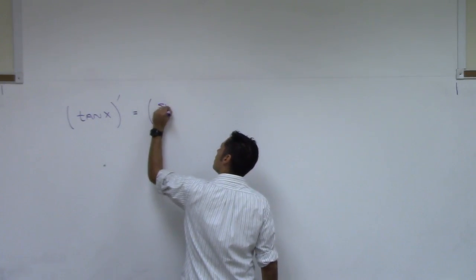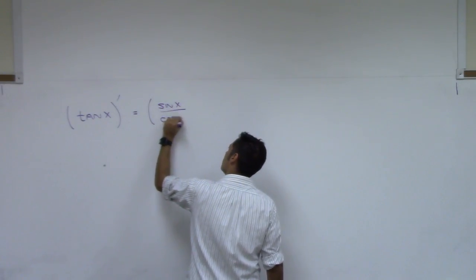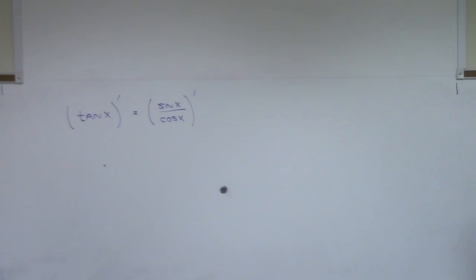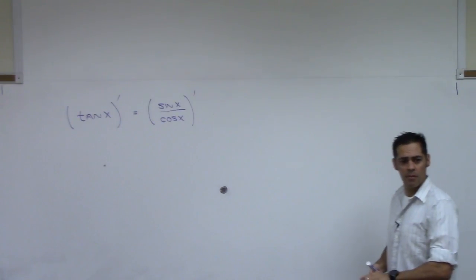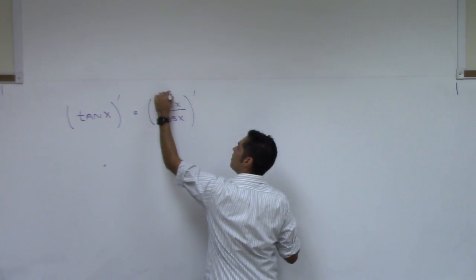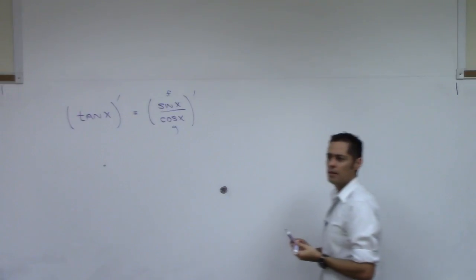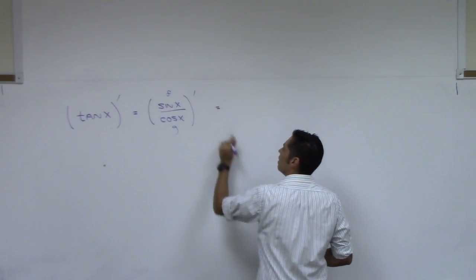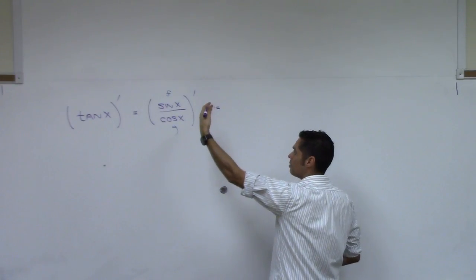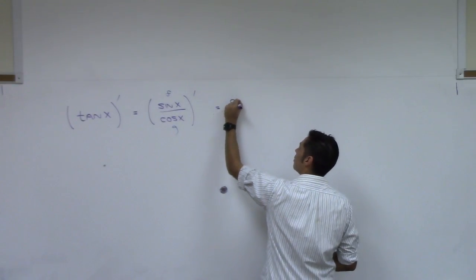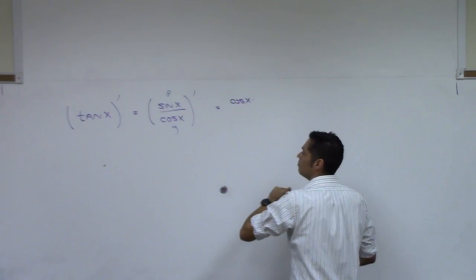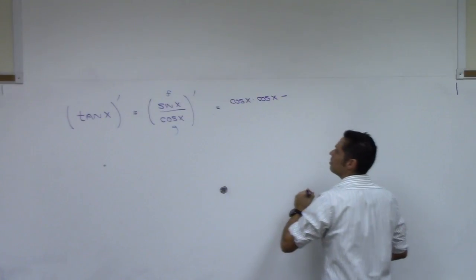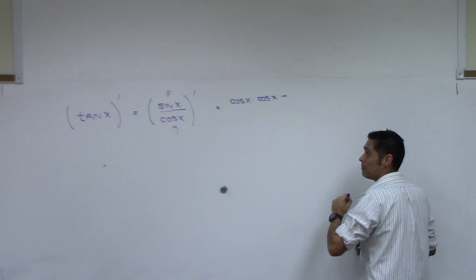So do you agree that tangent x is sine x over cosine x? So that's the same question I'm asking you then, right? And isn't that a quotient? That's a quotient. So you can look at the numerator as being f and the denominator as being g, right? So the derivative of this should be the derivative of the top, which is cosine x, times the bottom, which is cosine x, minus the derivative of the bottom, right?